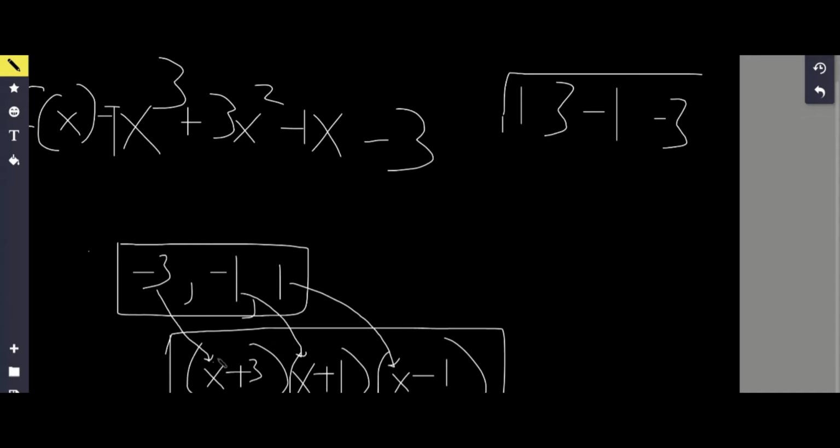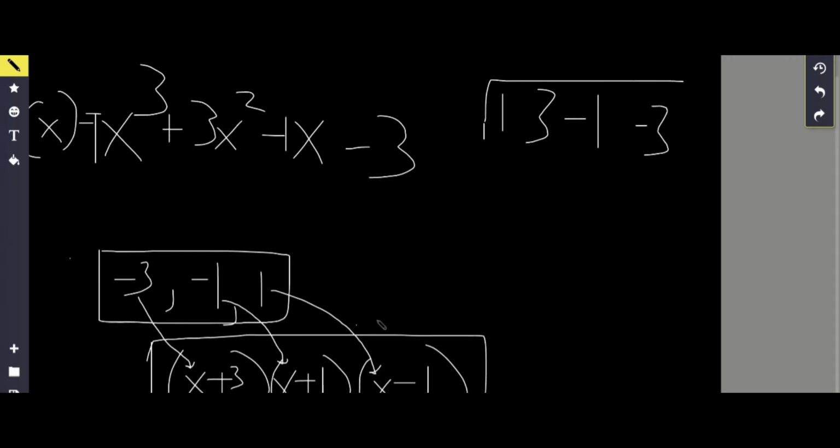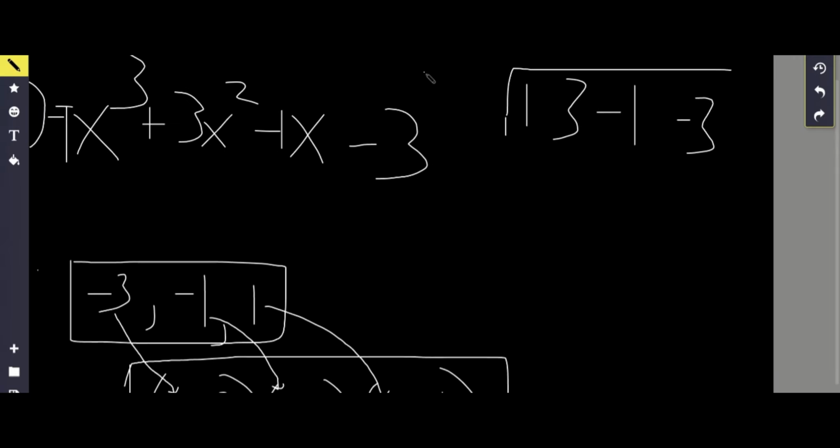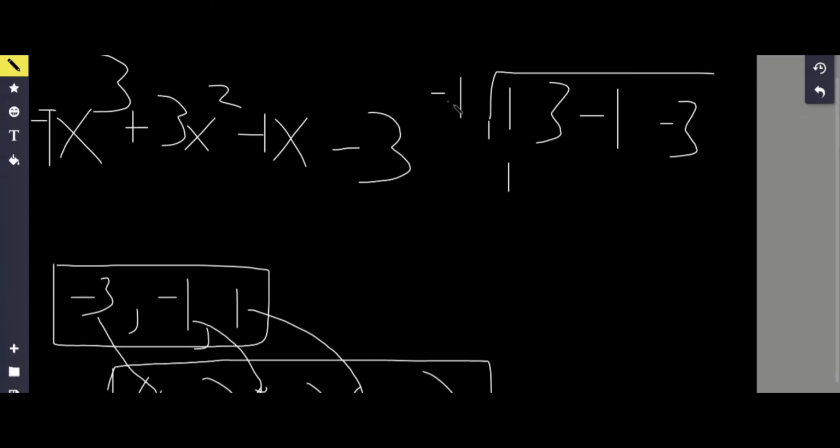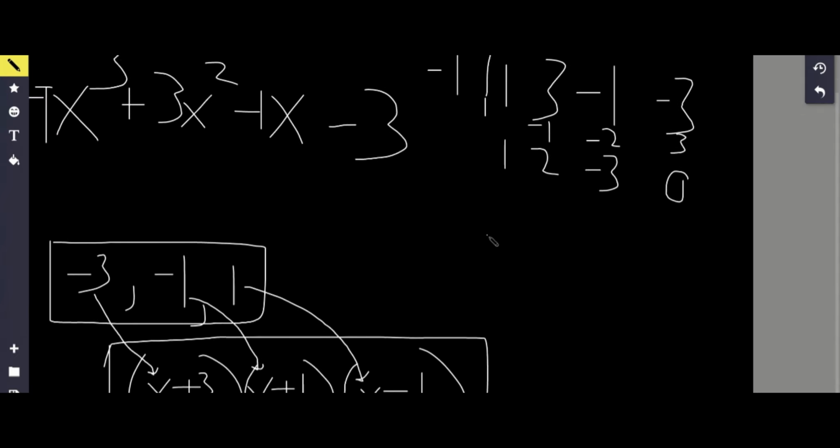So I'm going to choose, let's say, -1, because when you plug -1 in for this, it makes it equal to 0. 1 times -1 is -1, 2 times -1 is -2. Add this up, you get -3. -3 times -1 gives you 3. Add this up to be 0, and you get x squared plus 2x minus 3.